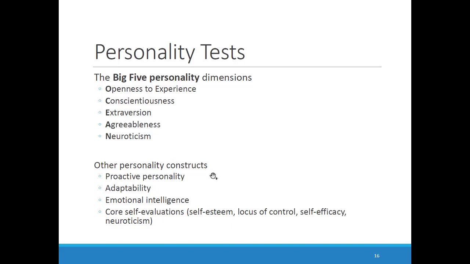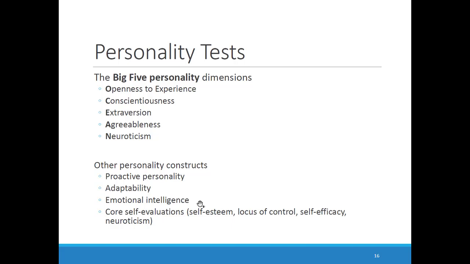Other personality constructs that have been validated by psychologists that are outside of this Big Five personality include proactive personality. So this is referring to the ability to think ahead and to plan for things, and that is related to job performance. Adaptability, or the ability to be flexible and to change when needed at work.